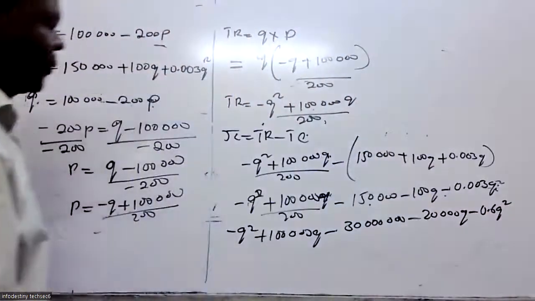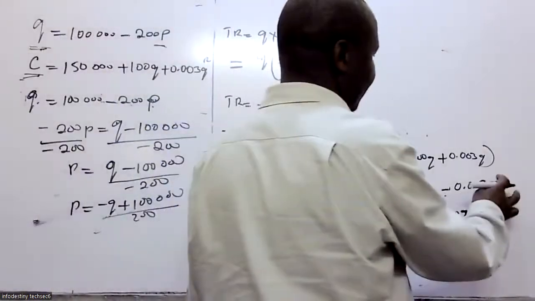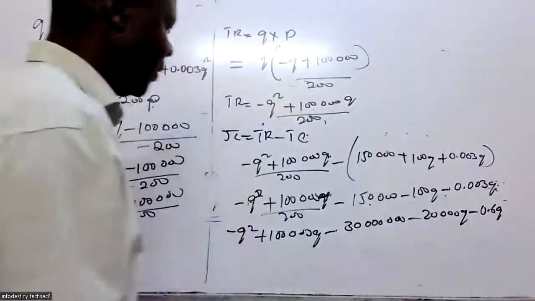We collect the like terms. We collect Q squared, and Q.